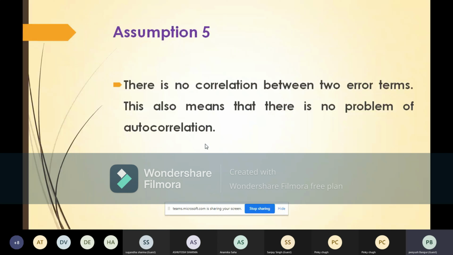The residuals' internal correlation should not be there. In research this is known as autocorrelation or serial correlation. Serial correlation should not be there, otherwise your regression will be treated as spurious.